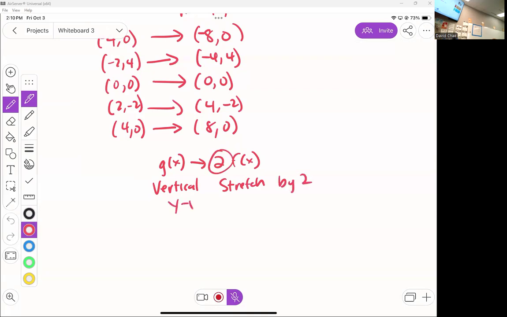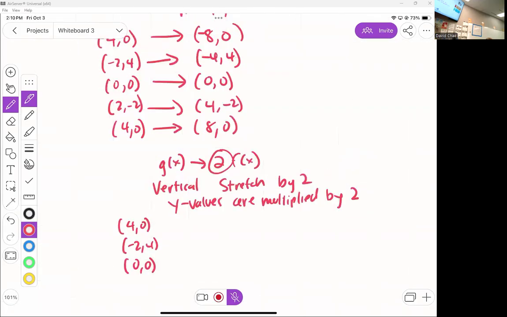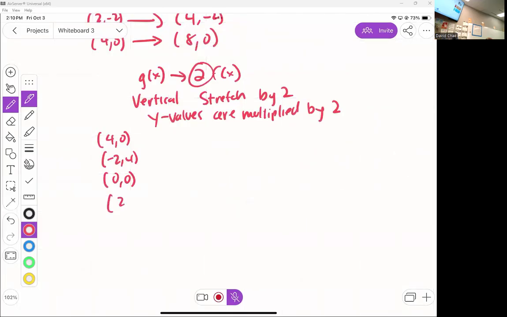Which means y values are multiplied by 2. So if it's outside of the function, outside the parentheses, you're just taking everything as is. So if we have -4, 0, -2, 4, 0, 0, 2, -2, and 4, 0, we're just multiplying all the y values by 2.